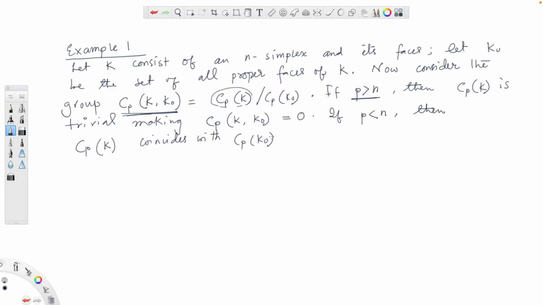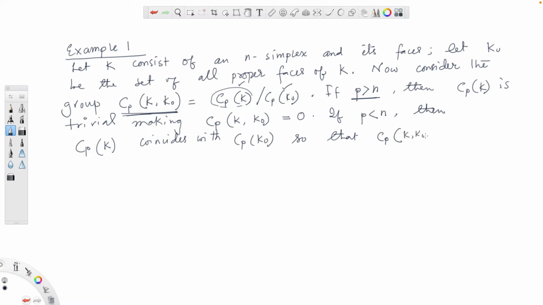Okay, so the group of p chains on K coincides with the group of p chains on K0, so that since this and that are the same, this quotient group vanishes.